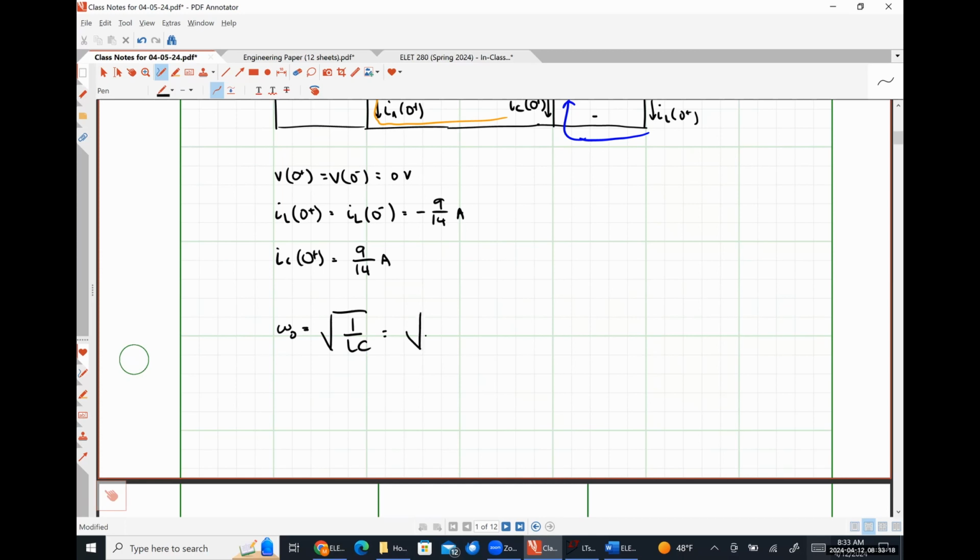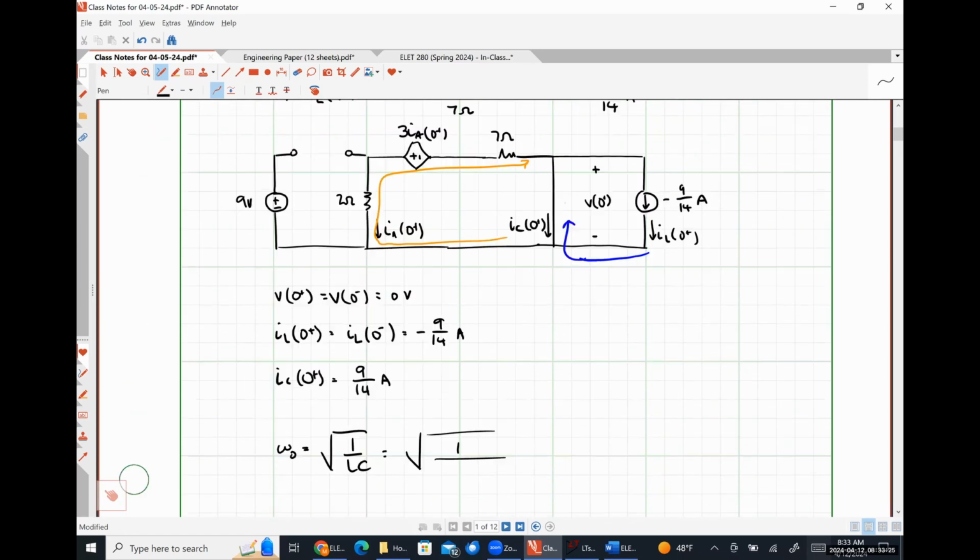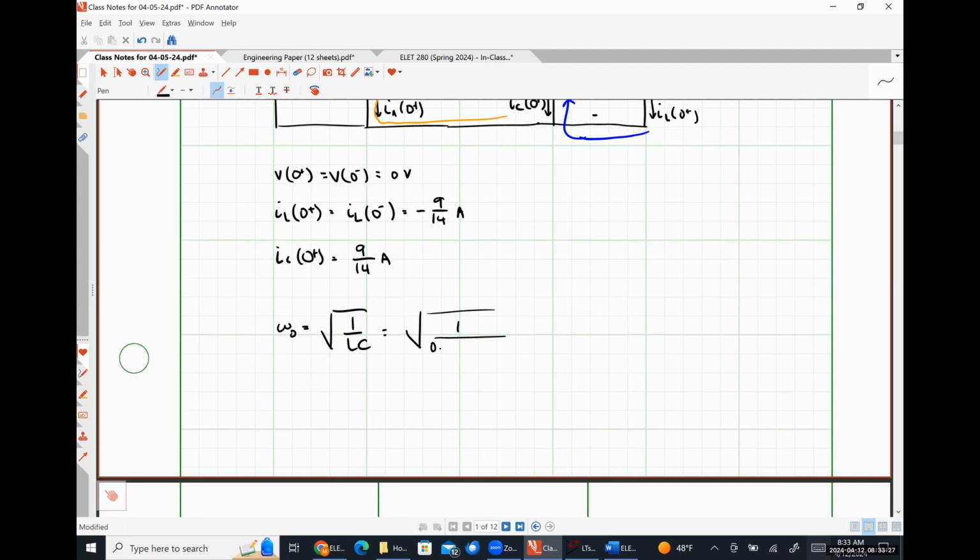So that is the square root of 1 over, scroll up here, 25 millifarads, so 0.025 times 40 over 9. Comes out to be 3 radians per second.